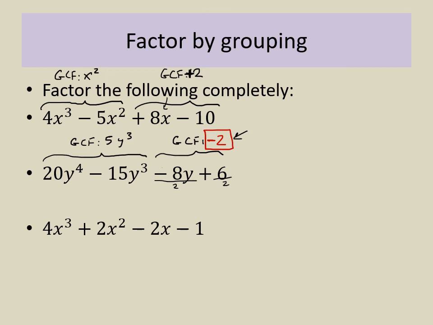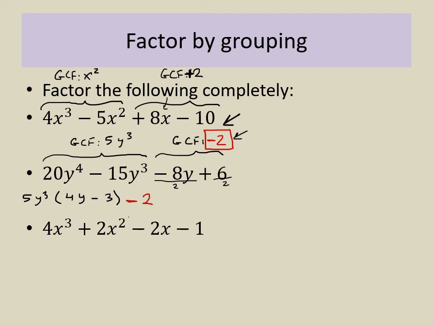So once again, we have 5y cubed here, and that left us with 4y minus 3. And now I'm going to factor out a negative 2, so please be aware that there's going to be a minus here and then the 2.